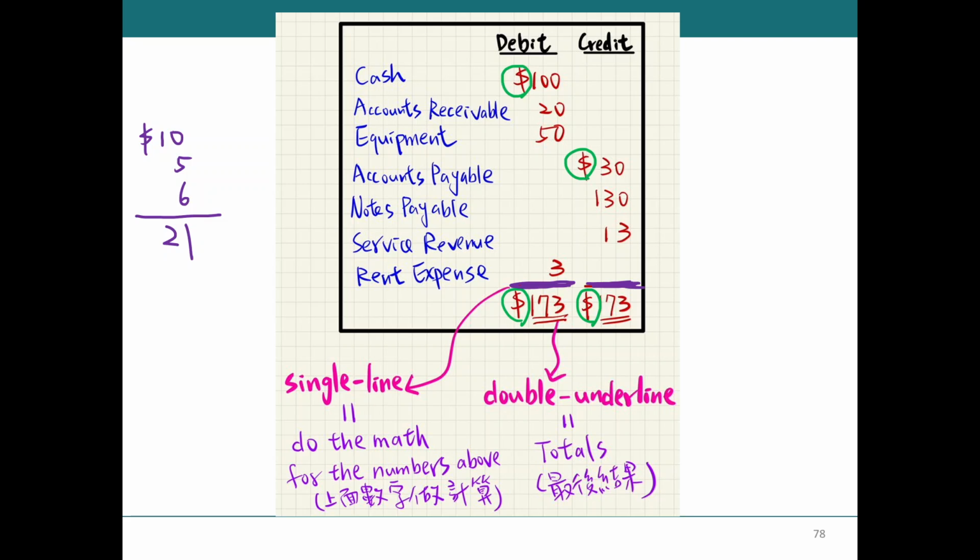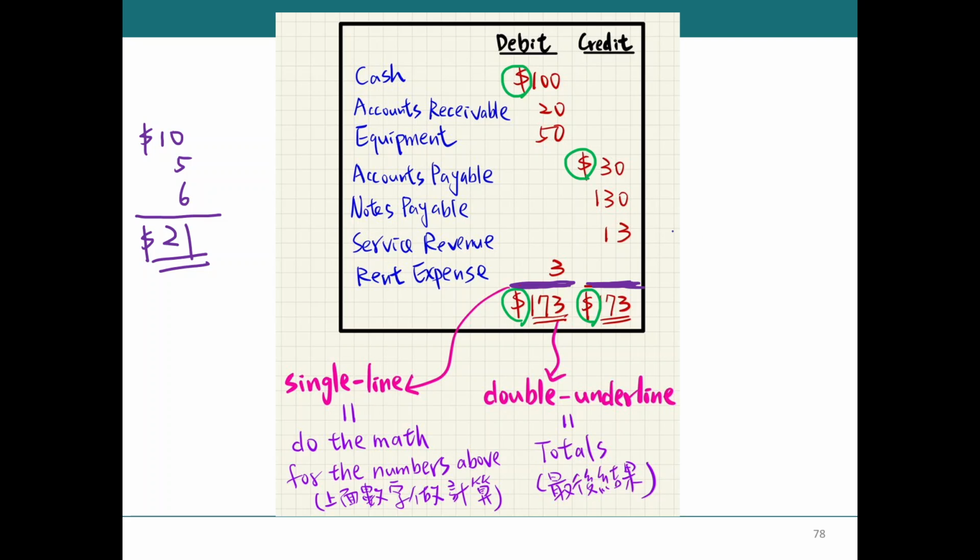If this is our final number, we will tell them, okay, stop here. This is our final number. So how? Draw a double line. Also don't forget, for our totals, we will have a dollar sign, okay? So we put a dollar sign for the first one and the total. Draw a double line, tell them, okay, stop here. This is our final answer, okay?